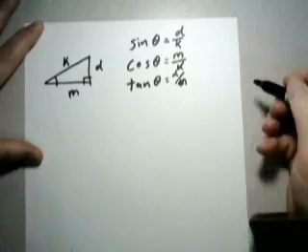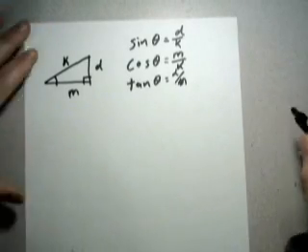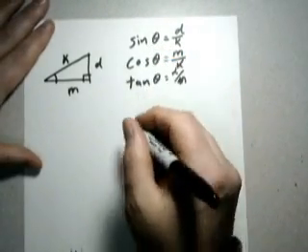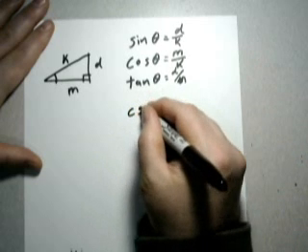Oops, M. Now, the inverse of sine is cosecant.